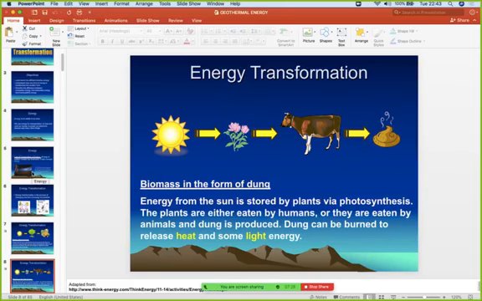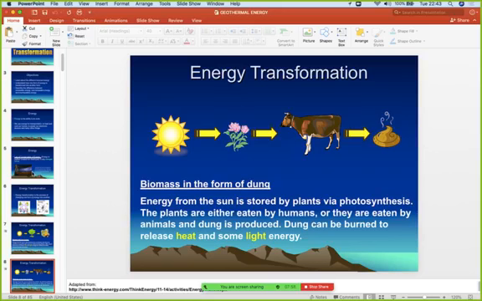You have another energy transformation: biomass in the form of dung. What is dung? Energy from the sun is stored by plants, the same way it was absorbed by trees, through photosynthesis.